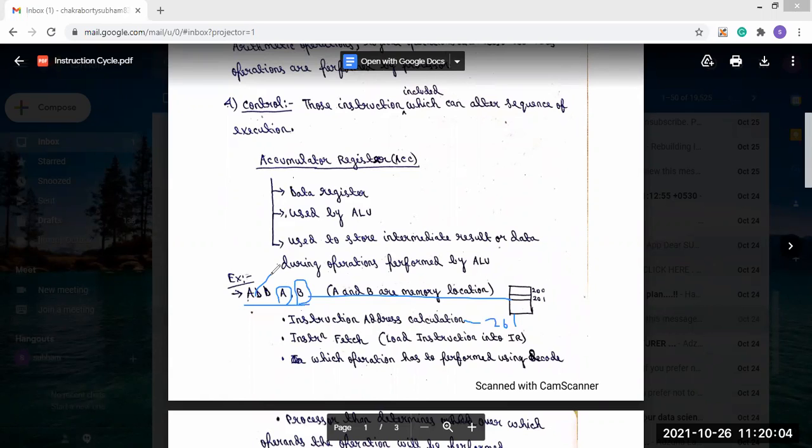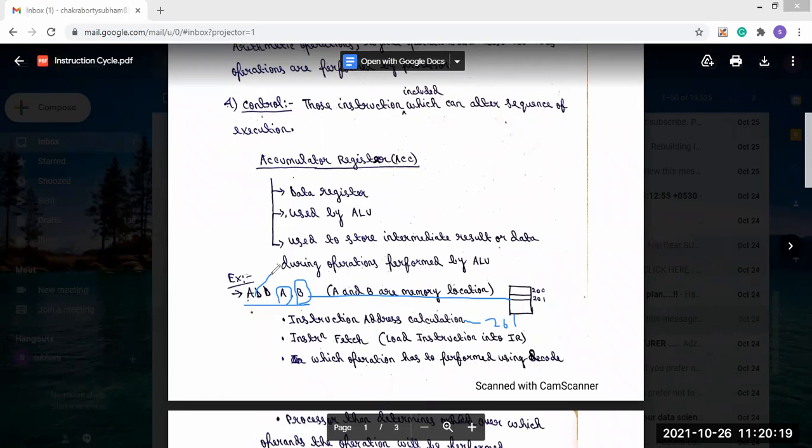In this example we have taken ADD, that means addition has to be done. So till now we know what operation has to be performed.